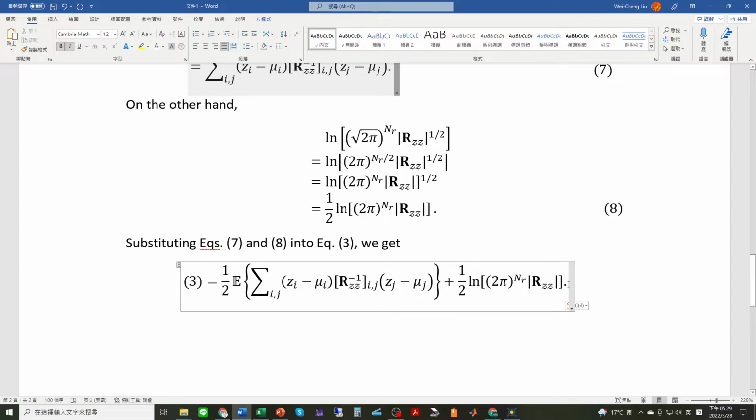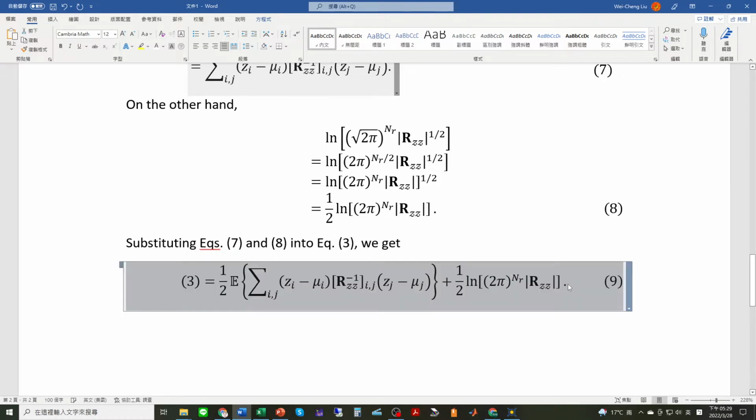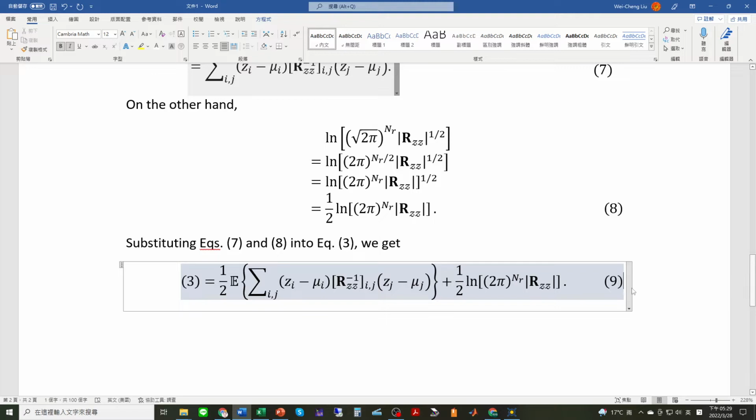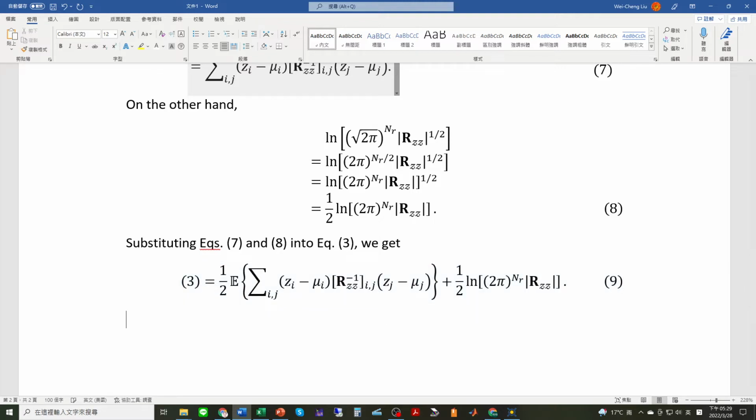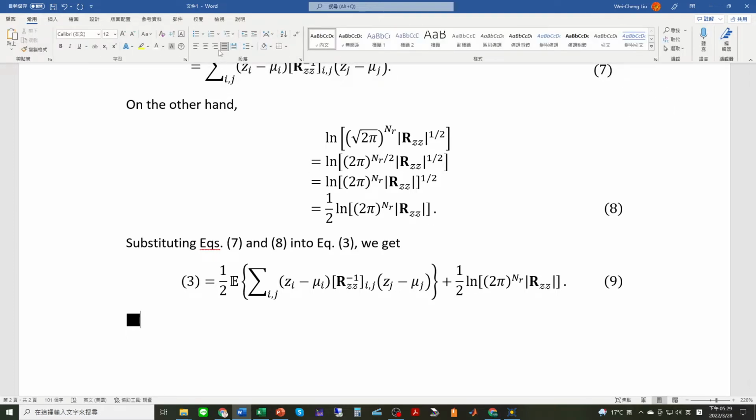So finally, I call this equation 9. Good. So we have completed the solution.